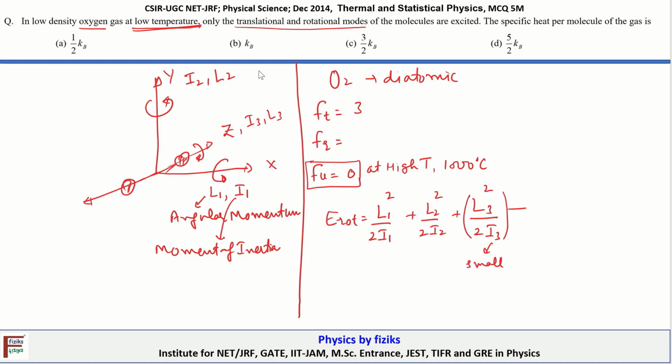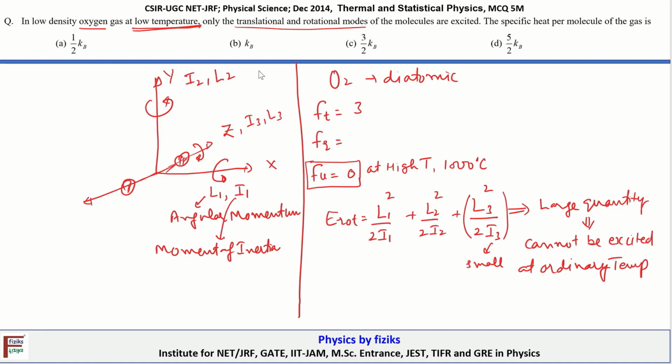As a result, this entire energy term becomes a large quantity, and this results in this mode not being excited at ordinary temperature.